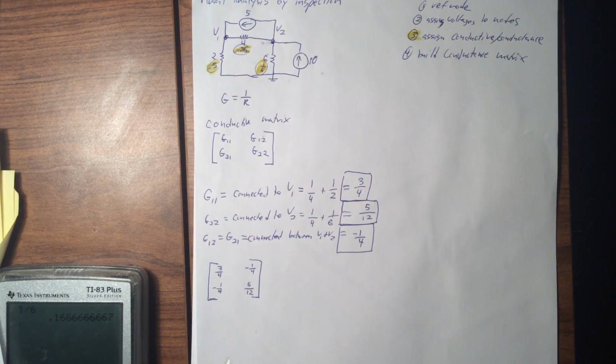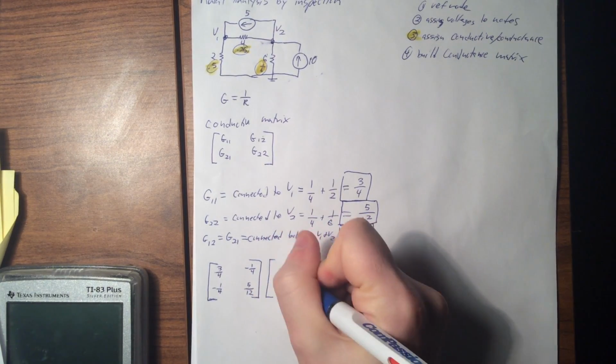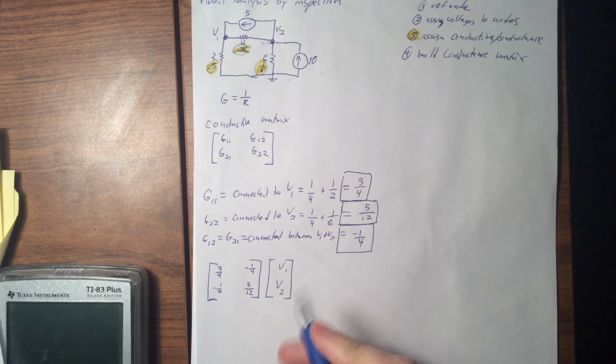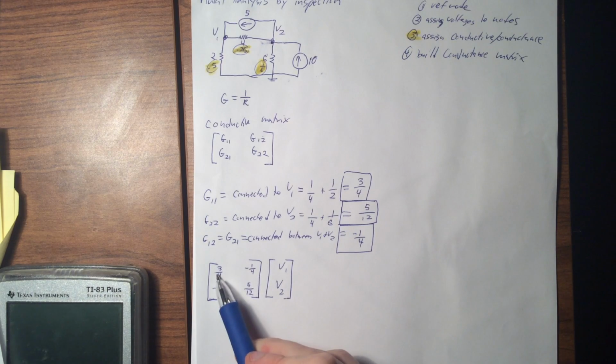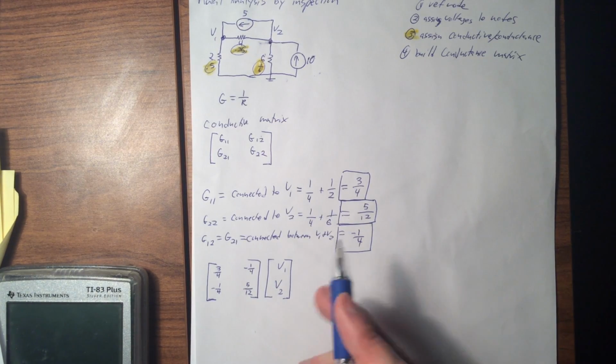Cool, that's the first part. And now we remember that it's multiplied by V1 and V2.